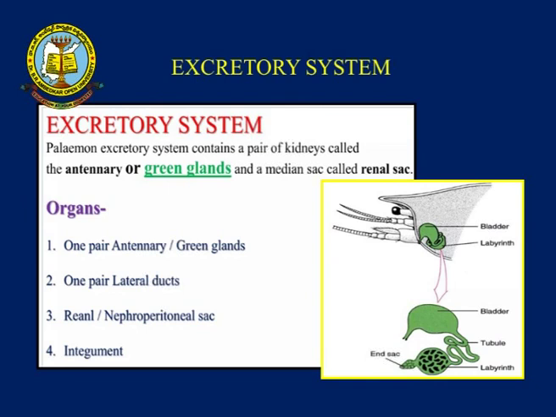They have a pair of green glands present on the antennae, and when we talked about the appendages, we said the antennae also help in excretory purpose. So, these are present on the antennae in the coxa region, with a pair of lateral ducts, and they have a renal or nephroperitoneal sac and an integument present there.